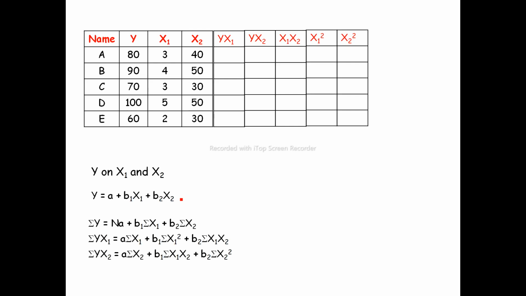Now, the first column is for y into x1. So y into x1 means we need to multiply this column with this column. That's it. So, 80 into 3 is 240, 90 into 4 is 360, 70 into 3 is 210, 100 into 5 is 500, and 60 into 2 is 120.